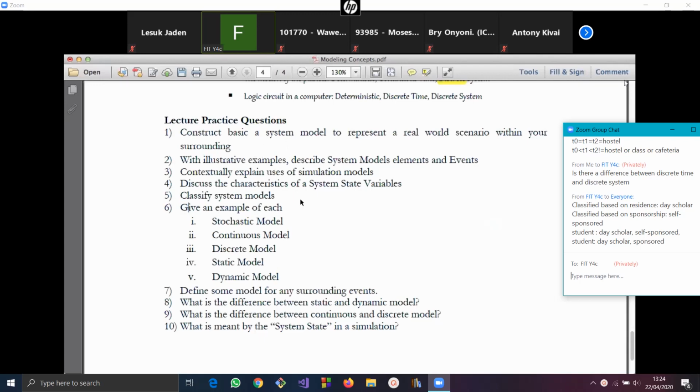I need to give you a simple question. Give a sample each of a stochastic model and a continuous model.